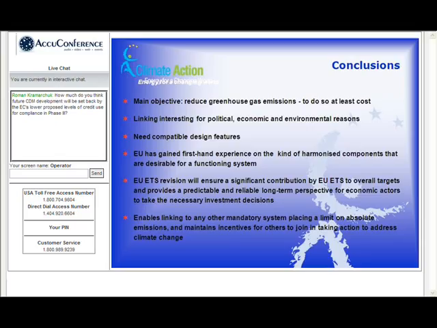If the revision is passed as I expect, then we'd be able to link up to many other systems. And the manner in which this is done is that the European Commission, on behalf of the EU, would negotiate with the third country or regional system.